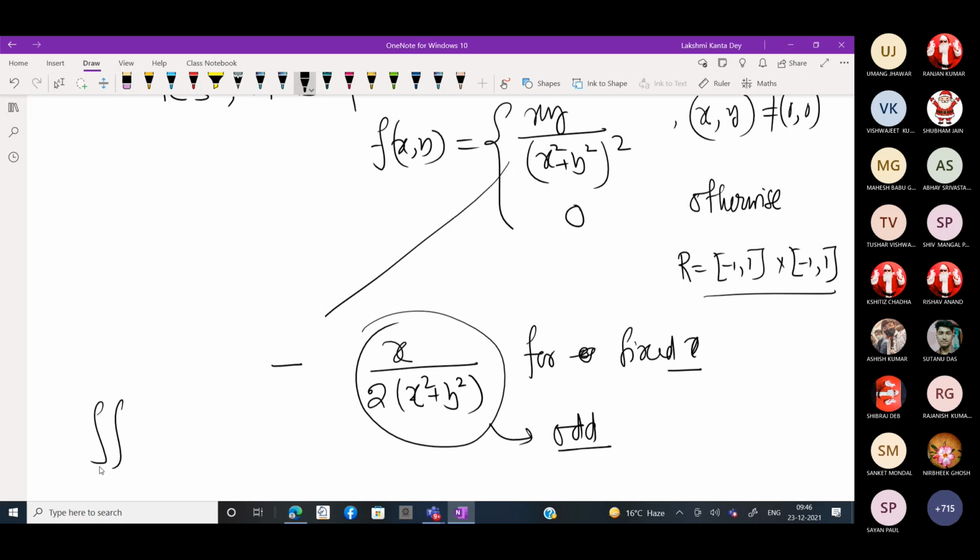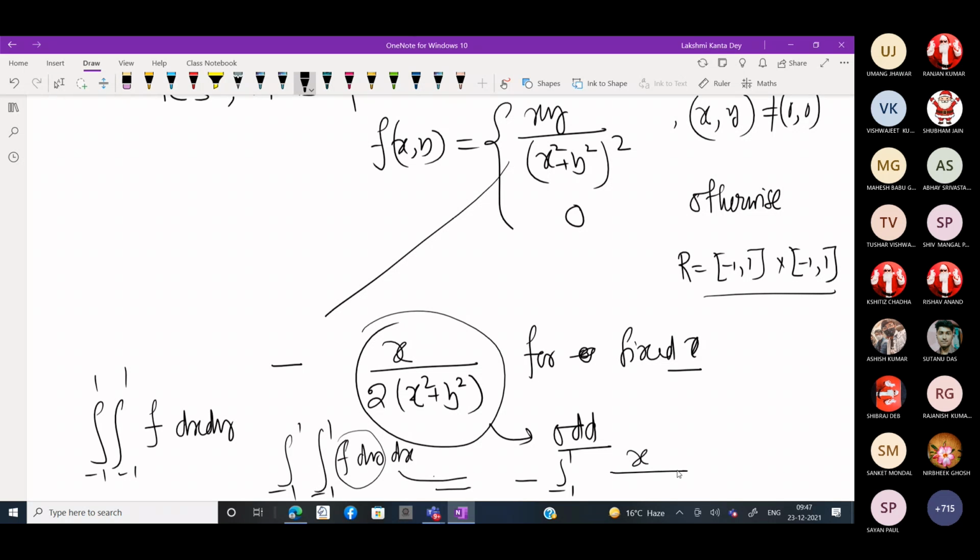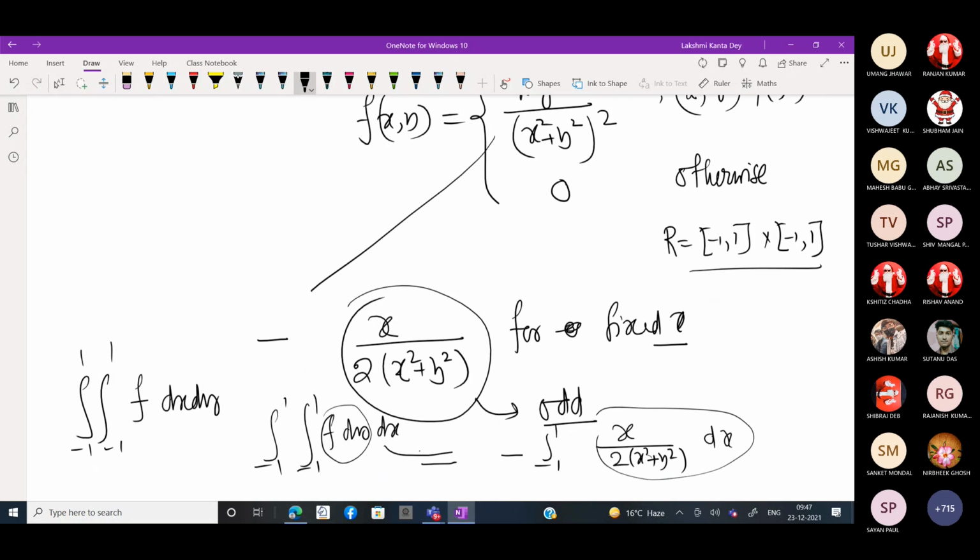If you do the integral from minus 1 to 1, minus 1 to 1, f dy dx, fixing x, then ultimately this is going to be equal to minus of the integral from minus 1 to 1 of this odd part, x square plus y square, dx. Ultimately it is going to be equal to 0.